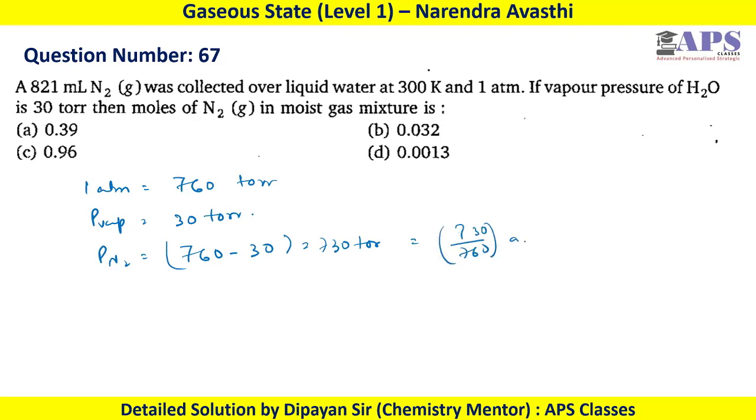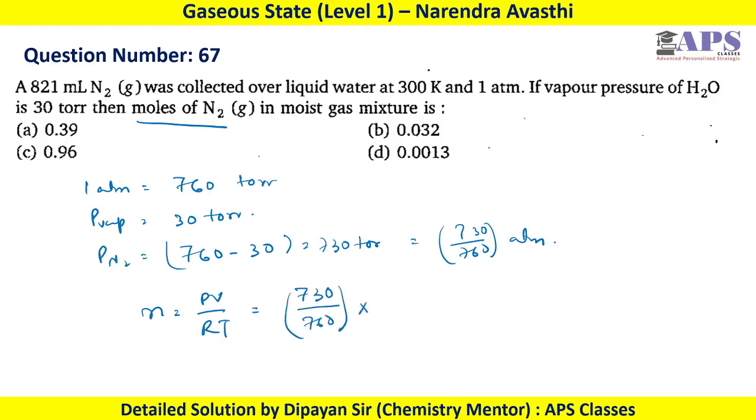Okay, now we have to calculate the moles of nitrogen gas, so we can use PV equal to nRT, or n equal to PV by RT. So pressure is 730 divided by 760, this is in atm.